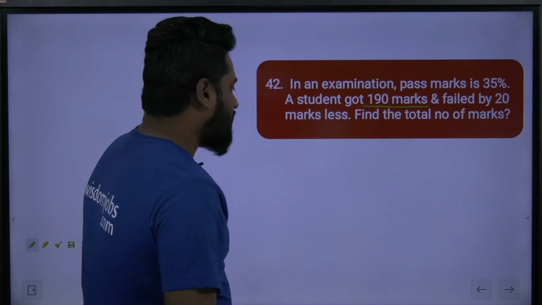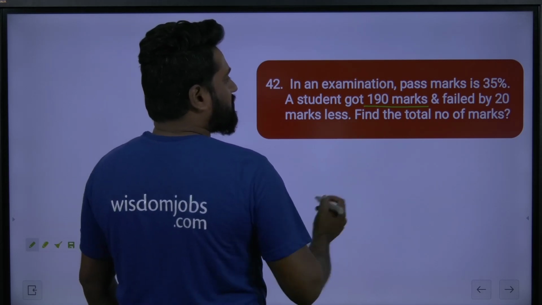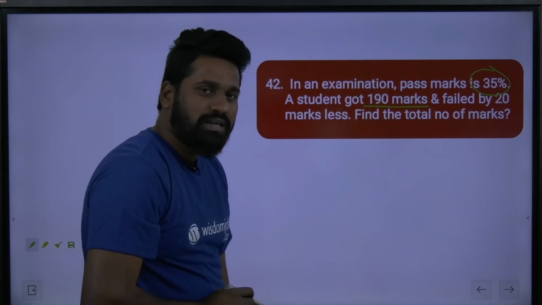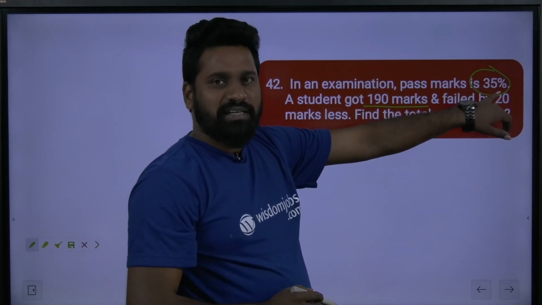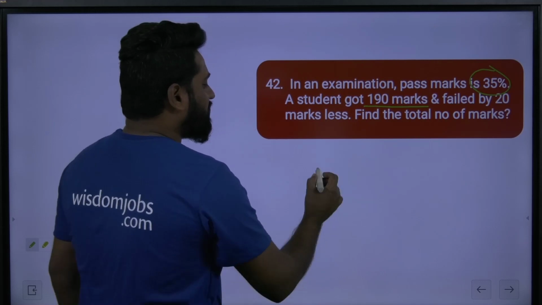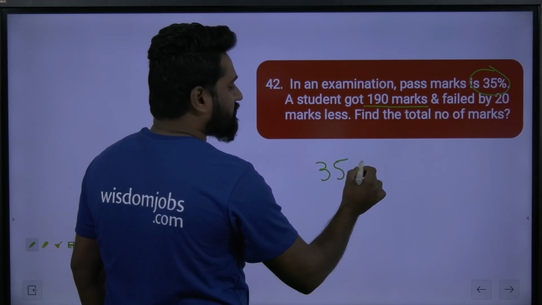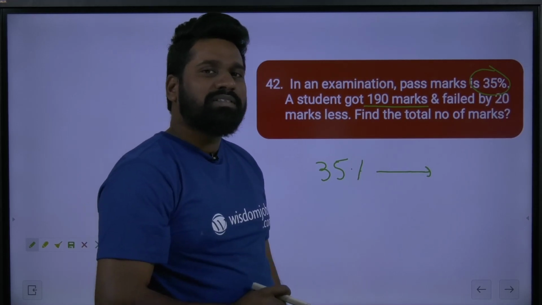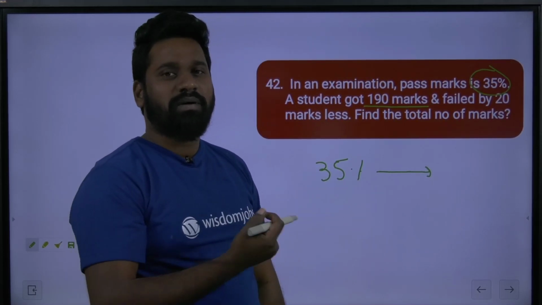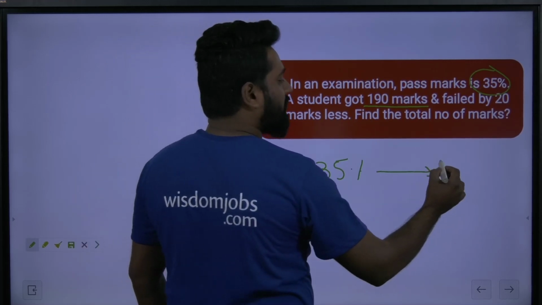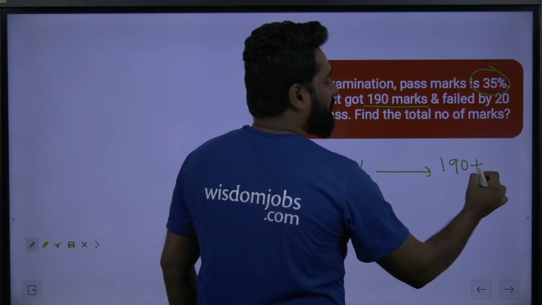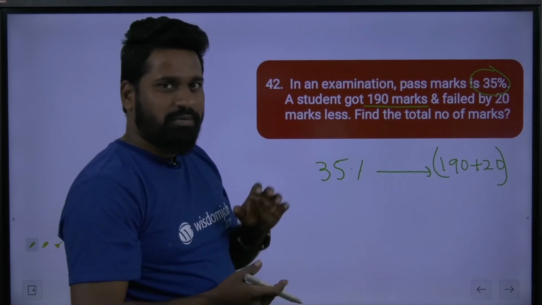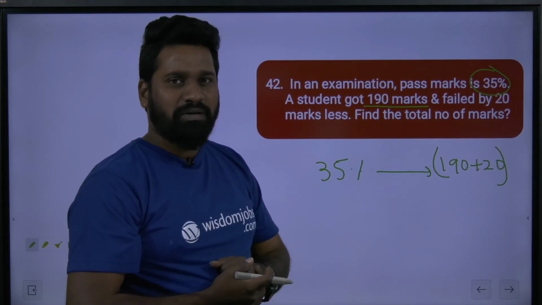Right? So let us write that this 190 plus 20 indicates 35% of the marks. Because this represents the pass percentage, in terms of percentage. And if you add these two, that represents the pass marks in terms of marks or in terms of number. 190 plus 20. Very important, this model, because it is a very simple question.